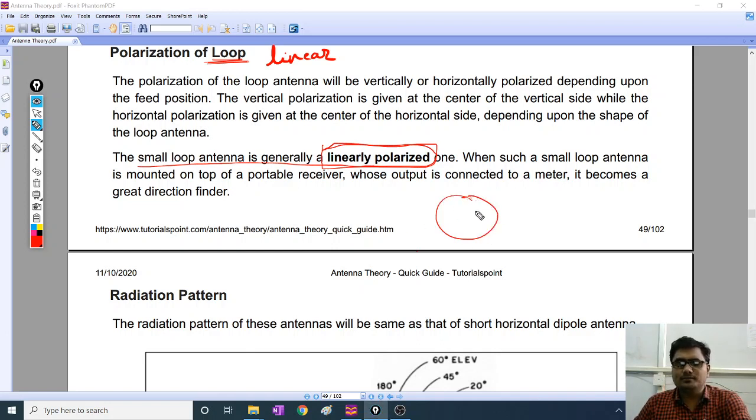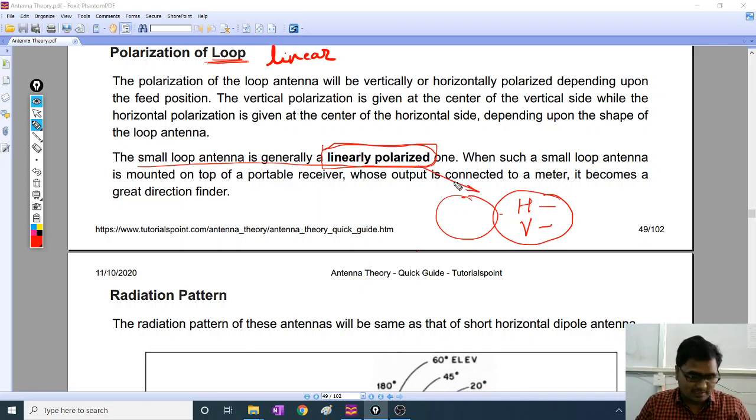Where will this loop transmit, where will its electric waves go? Either you hold it like this or you hold it like this. How you are feeding this antenna: you are feeding this antenna and holding it in the vertical direction, or you are feeding the antenna on this side and holding it in a horizontal position. So either it will provide horizontal or vertical polarization, which is nothing but your linear polarization.